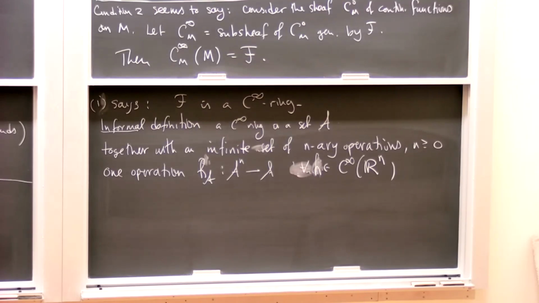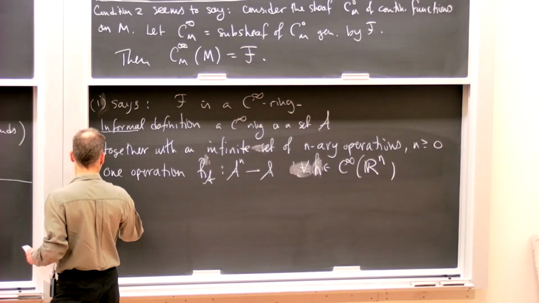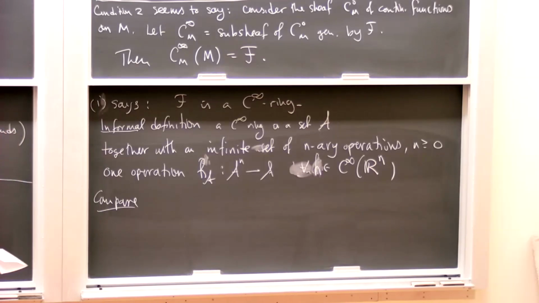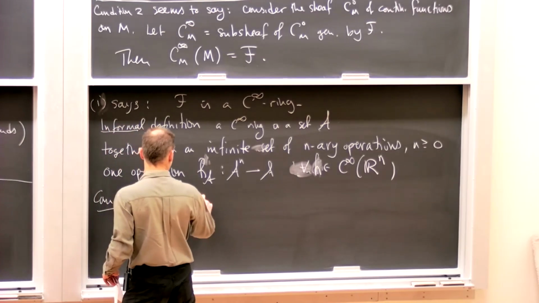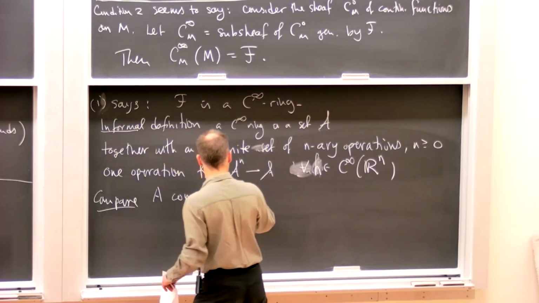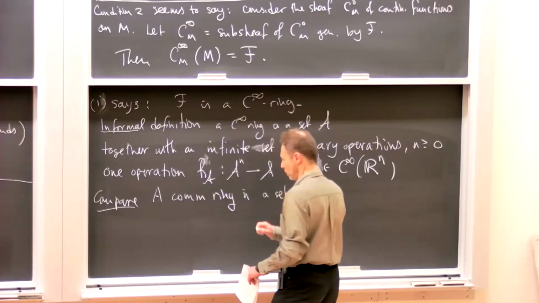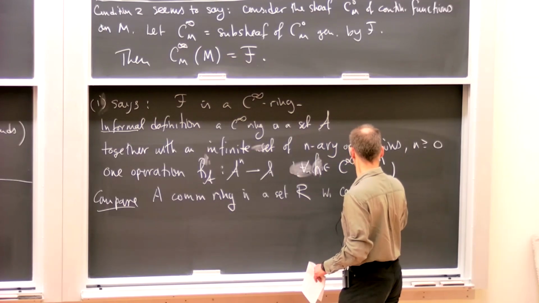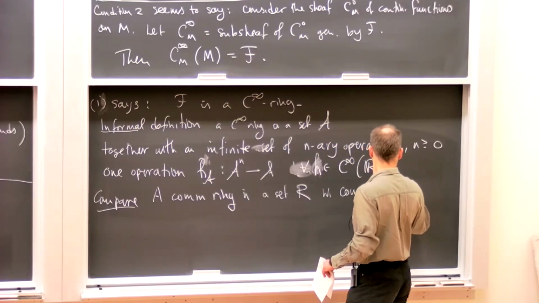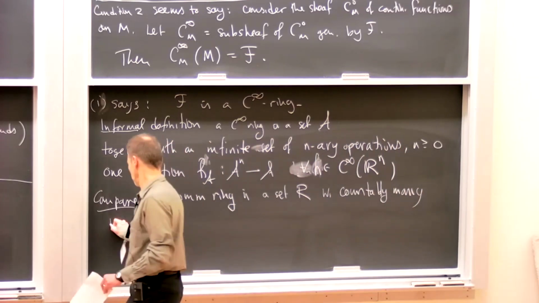So this probably does look weird to you. And then there is an associativity condition: you have a bunch of operations, you stick them together, and you can compose functions, and the two notions match. So compare a commutative ring, which is a set R with countably many n-ary operations.